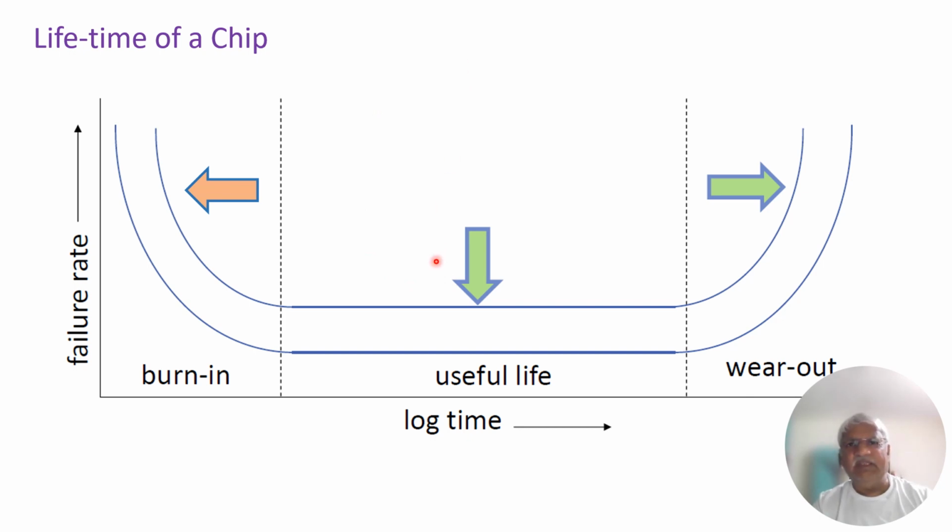We will discuss here the process part of the evolution, how it evolved, the process corners, and we will not be covering the voltage, temperature and other specific scenarios under which the chip will be analyzed.